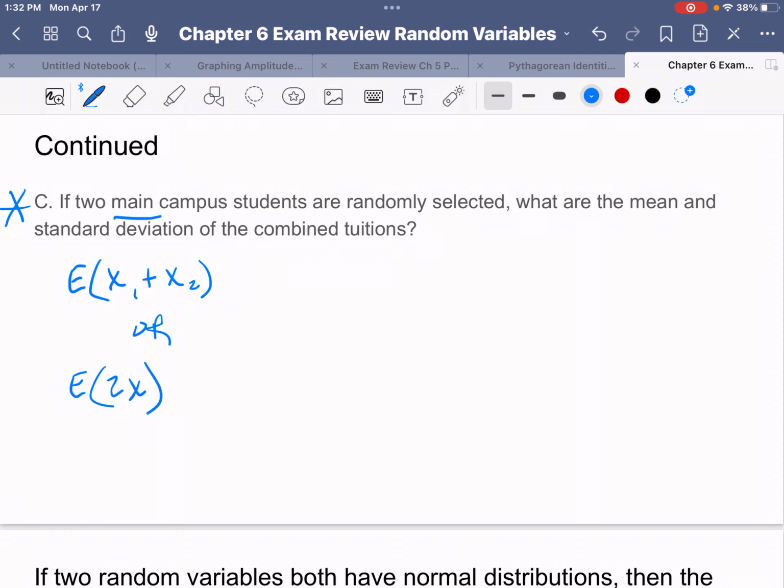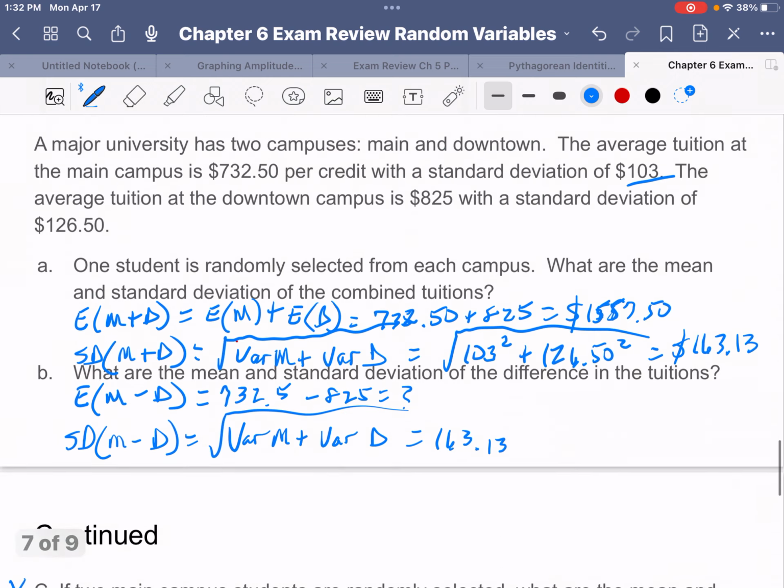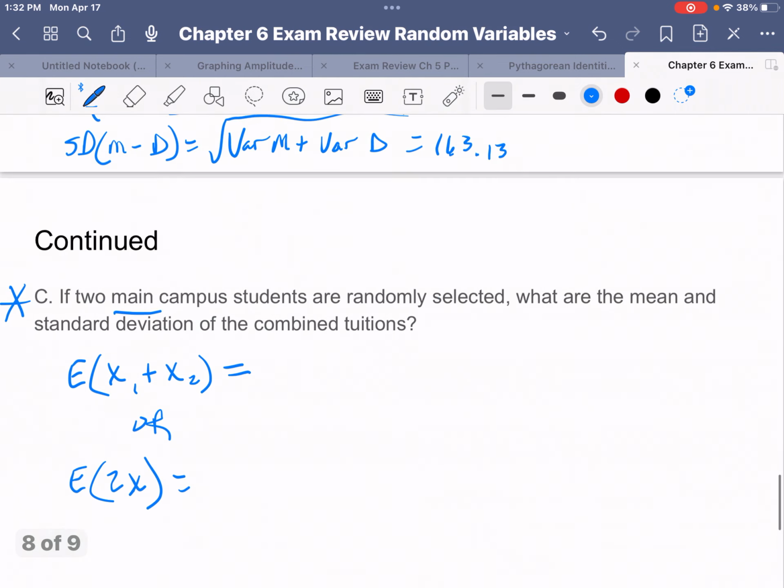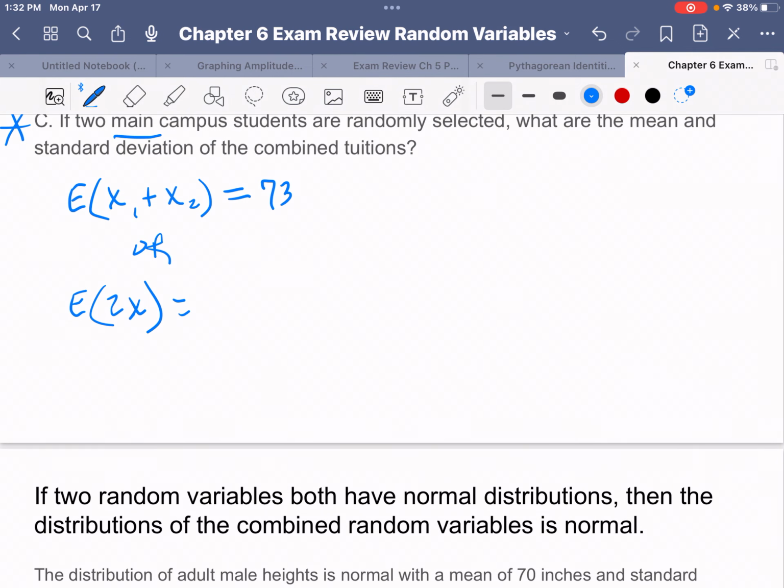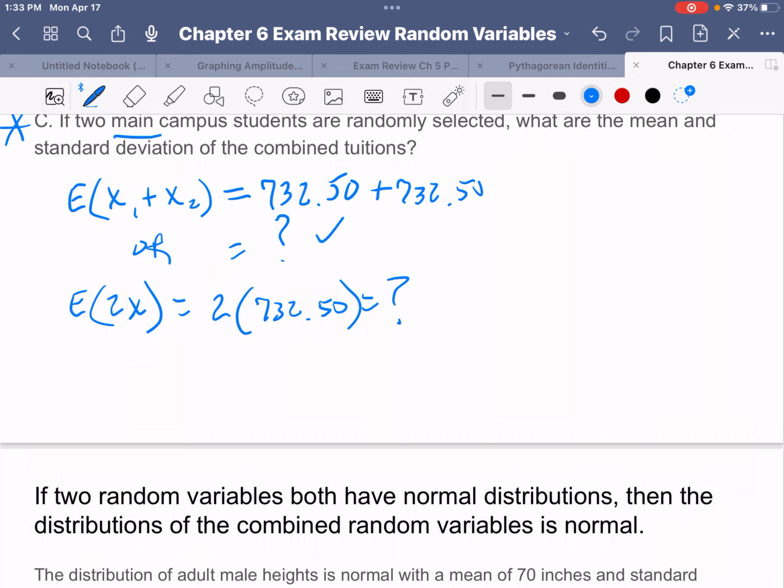Well, it turns out it doesn't matter how you think of the expected value, because that's just going to be 732.50 plus 732.50 is equal to the correct answer. But if you do 2 times 732.50, you'll be correct both ways.